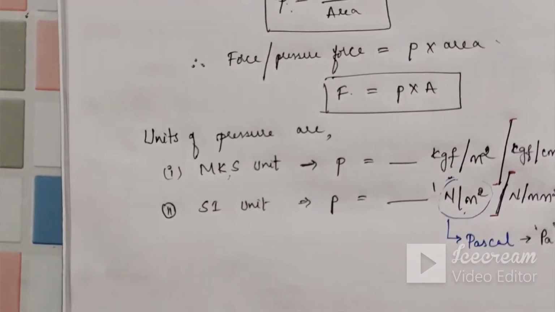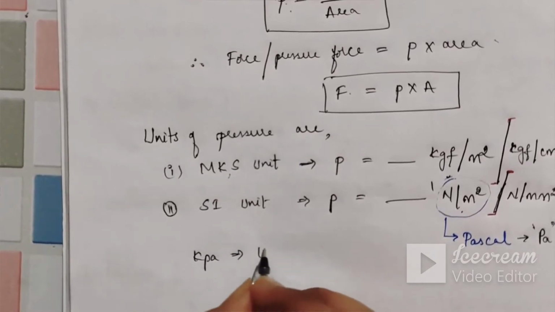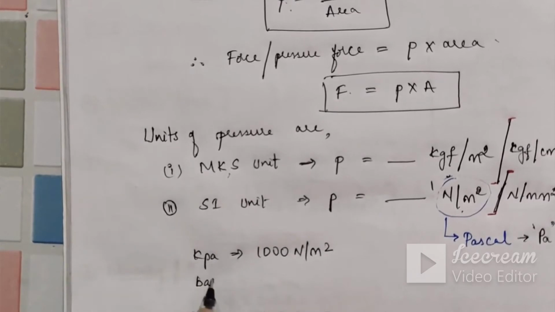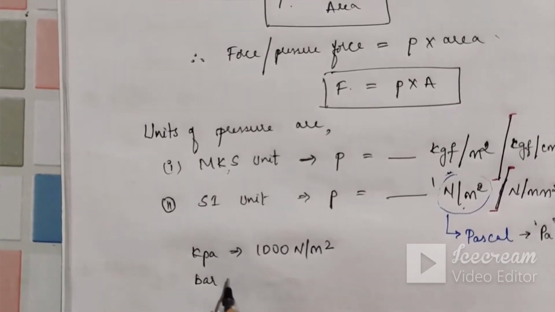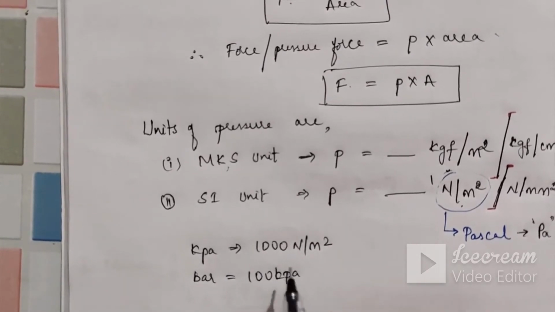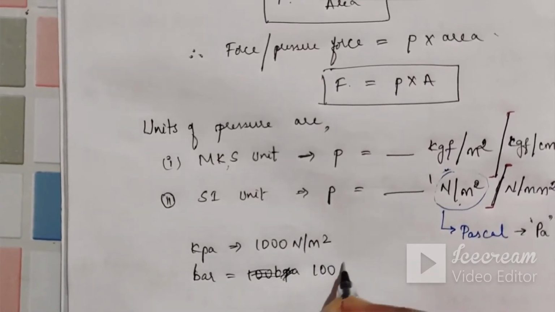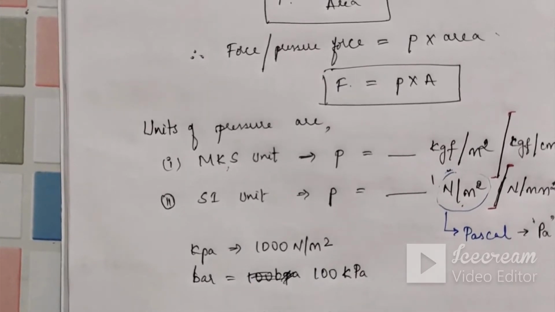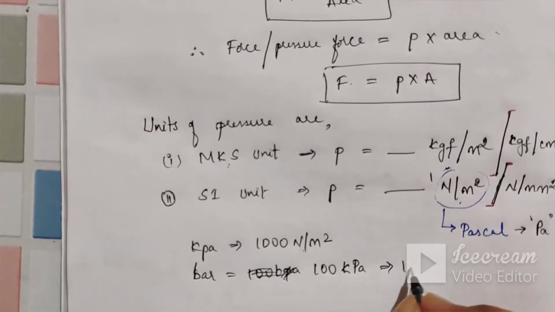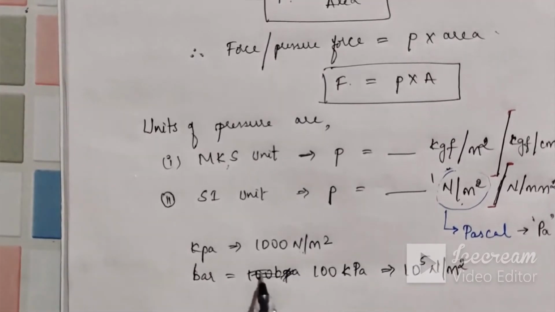Some conversions will be there. If they give kPa, it means kilopascal, that is 1000 Newton per meter square. Sometimes pressure is also measured in bar. 1 bar is 100 kilopascal, or in Newton per meter square, 10 to the power of 5 Newton per meter square.